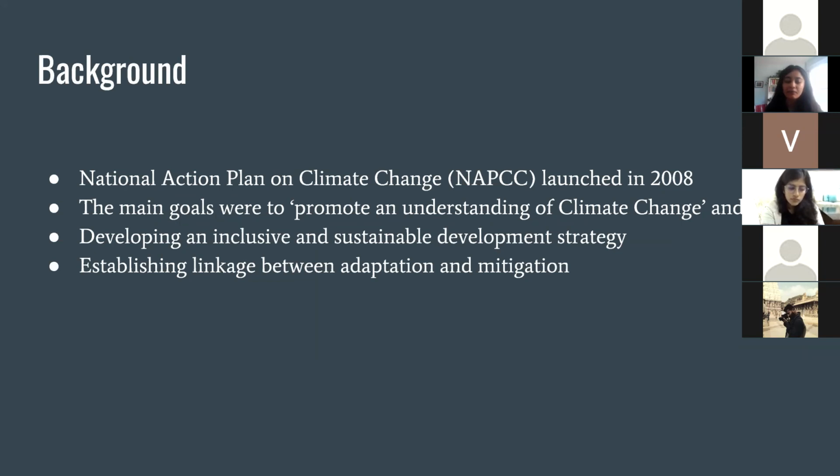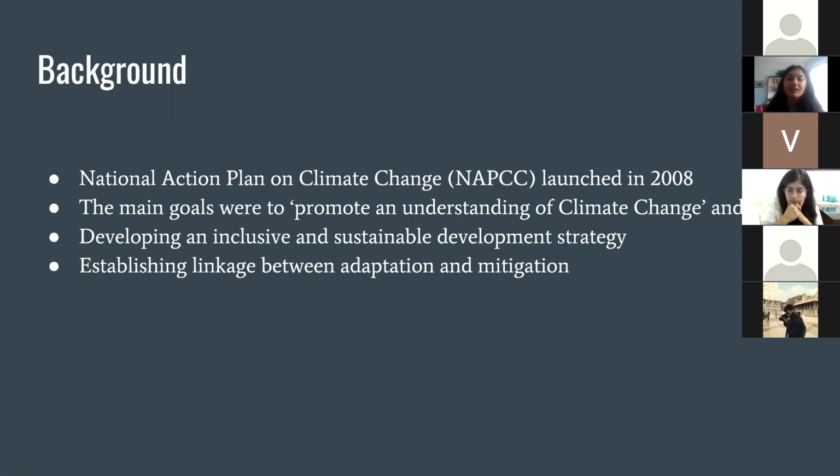And then based on that, every state has their own state action plans on climate change, which I will come to in a minute. So how it started was NAPCC was launched in 2008 by Dr. Manmohan Singh. And this was at a time when relatively very few countries had such a comprehensive policy document on climate change, which is barely a decade ago and appalling in itself.